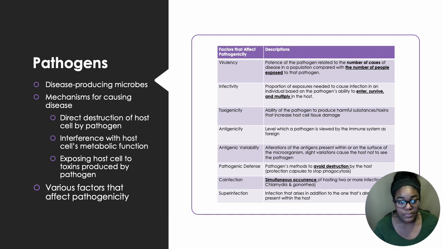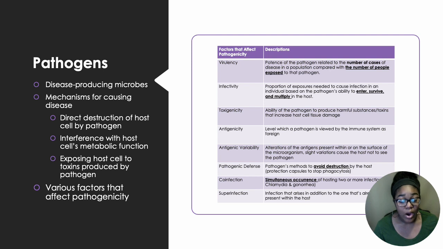We have antigenicity, which is the level at which a pathogen is viewed by the immune system as foreign. So this is based off of that individual's immune system, and if it has the ability to determine that this is actually a pathogen and it is dangerous. And sometimes people's antigenicity is affected based on their immune processes.